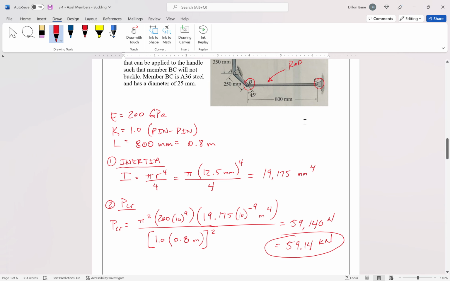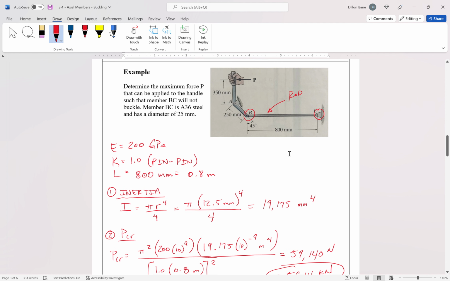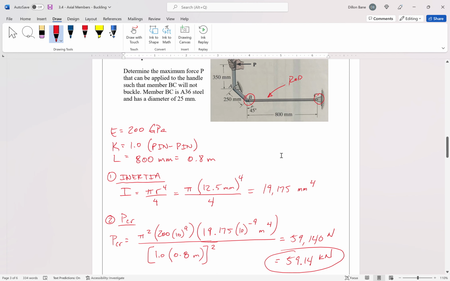But that P critical is not the maximum force P that can be applied to the handle. The critical load of member BC is the internal force of the axial member: if 59.14 kilonewtons gets developed inside that rod, then the rod will buckle.